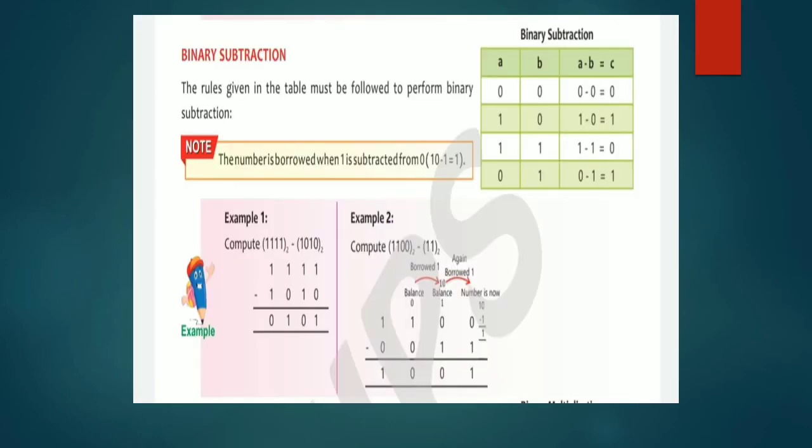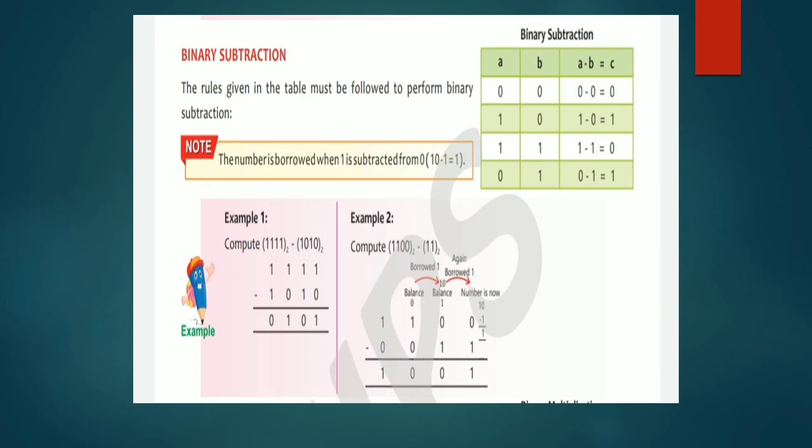We see in the book also binary subtraction. The rules are the same just like decimal subtractions. Okay, but the fourth rule is different. Here 0 minus 1 is 1.